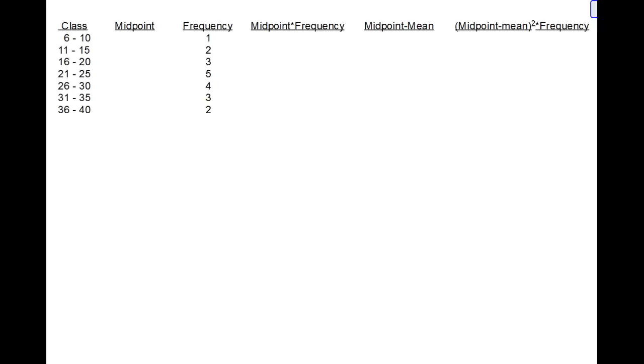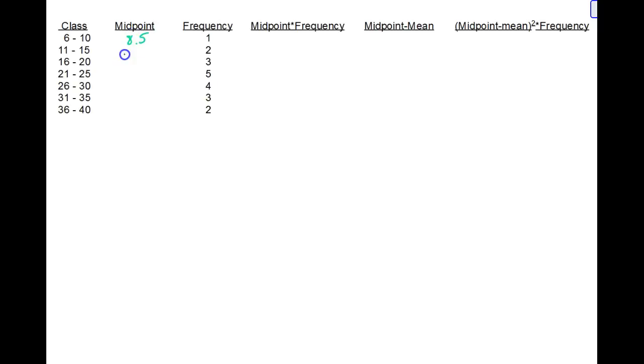So let's start out by finding the midpoint for each class. The first class, to find its midpoint, I take 6 plus 11, which is the lower limit plus the lower limit of the next class, and divide by 2, and I get 8.5.